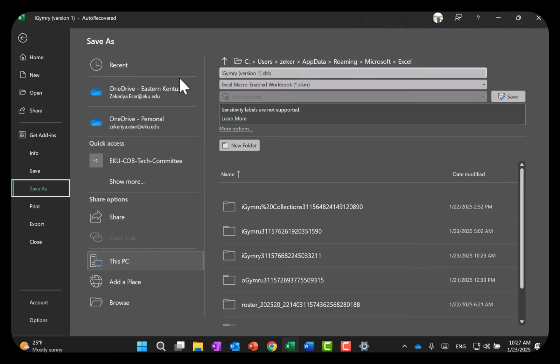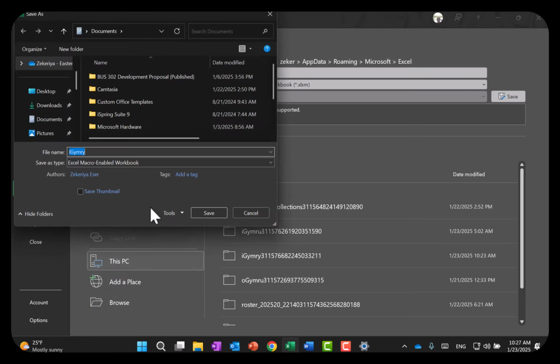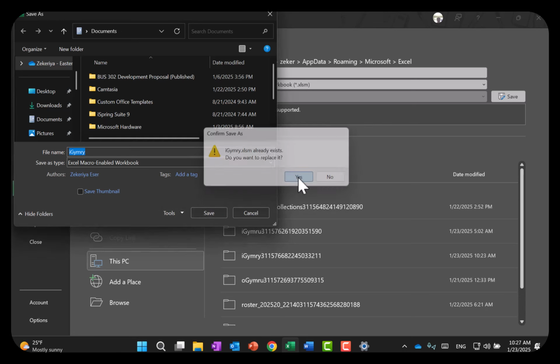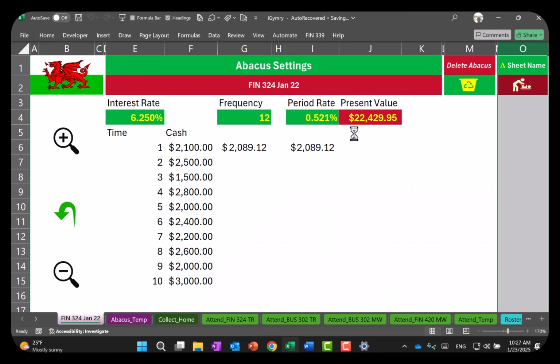Oh, this is auto recovered. So save as Montgomery. Okay.